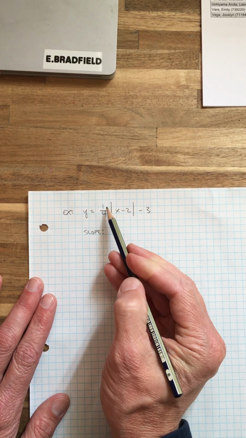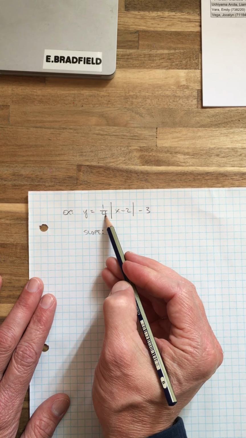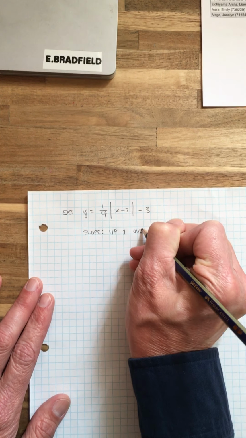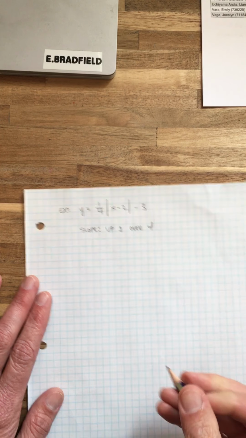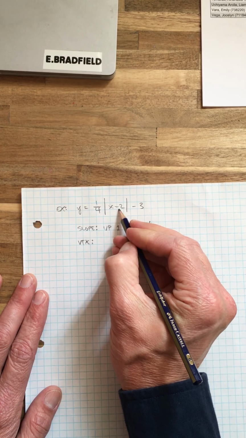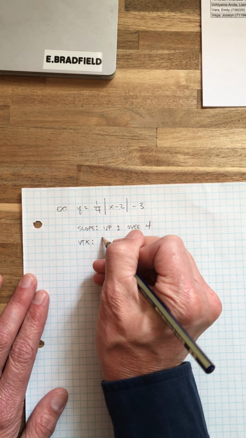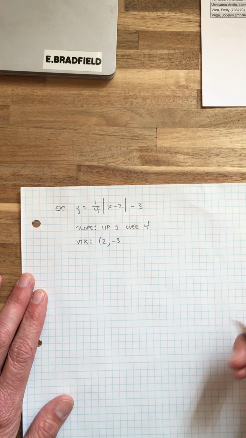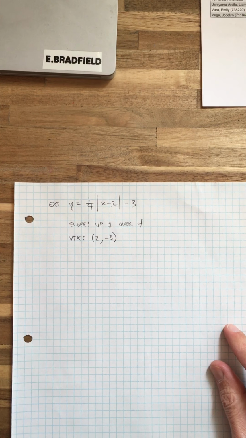And look what the slope says. It's up 1 over 4. So just write up 1 over 4, okay? And then write down the vertex. We have the vertex, which is the opposite, h opposite, so that's +2, and k keep it the same, so that's -3. Okay, 2 things, we're done.